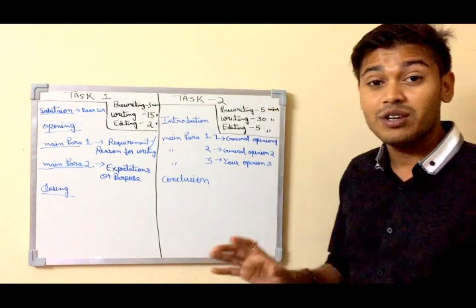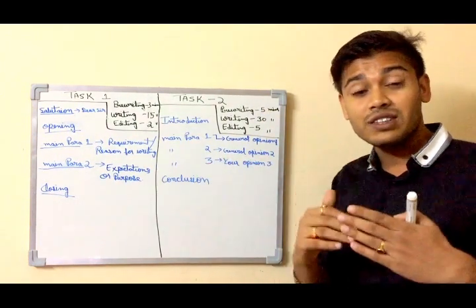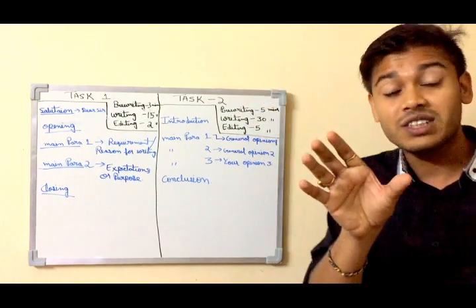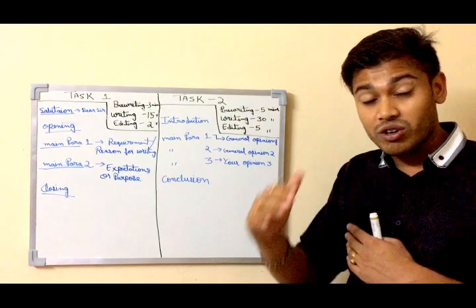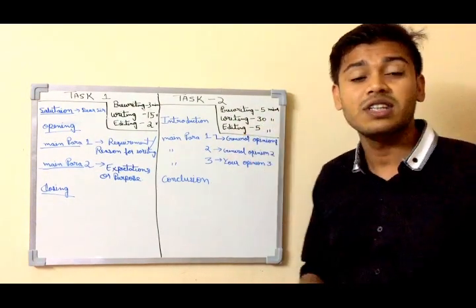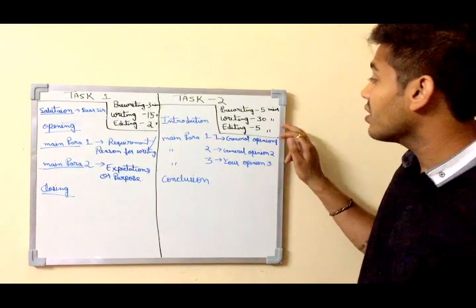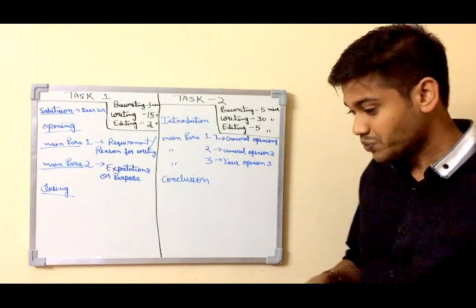Again, the same thing will happen in pre-writing. You'll gather all the ideas, you'll synchronize them, deciding which idea you'll write first, which idea you will write second. Likewise you will synchronize your content, and then you can write 250 words in 30 minutes easily. And after writing 250 words, you can do editing.